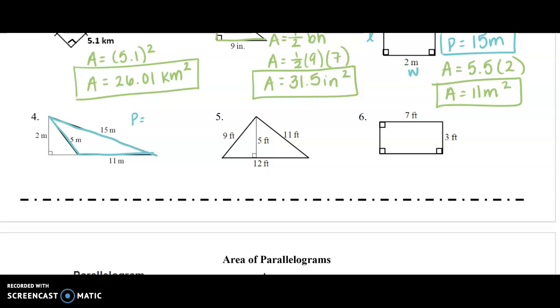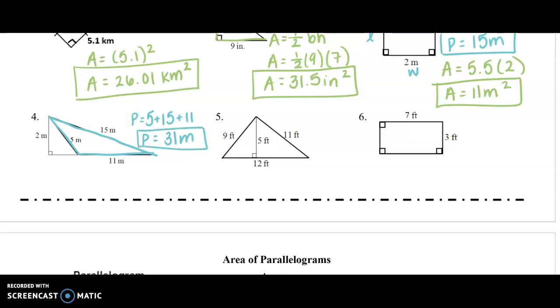So we'll get to that 2 meters in a second. But those 3 sides that I just highlighted in blue, that's my triangle. So my perimeter is going to be 5 plus 15 plus 11. So my perimeter is going to be 31 meters.